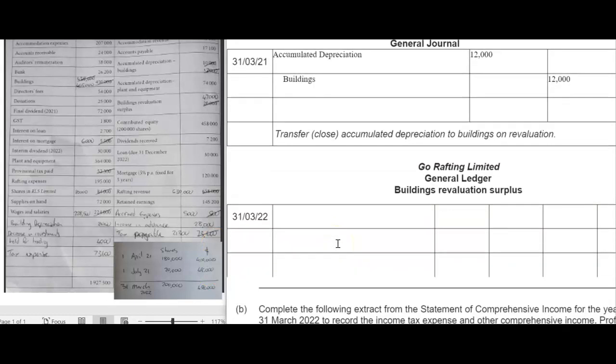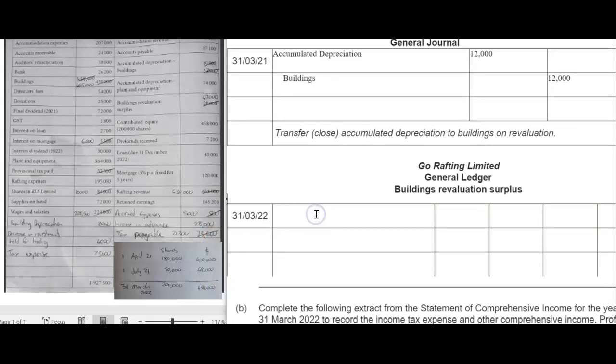If we're looking at the building revaluation surplus, we're going to start off with a balance. And that's at 47,000. Remember, that's a credit. And that's going to go up by 27,000, as you did here, from 20 to 47.